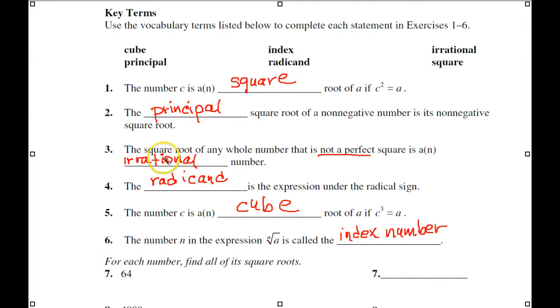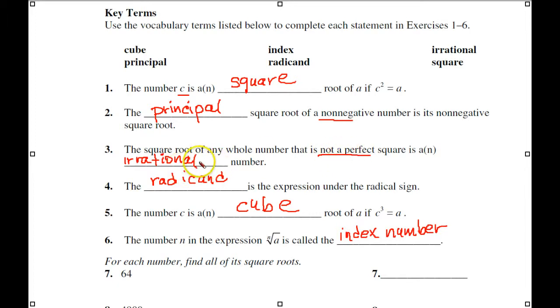So as we go over these, the number c is a square root of a if c squared equals a. And we'll give you some examples of that. And the principal square root is the non-negative one. A square root of any whole number that is not a perfect square is irrational.